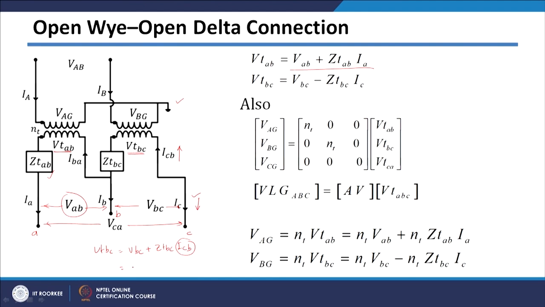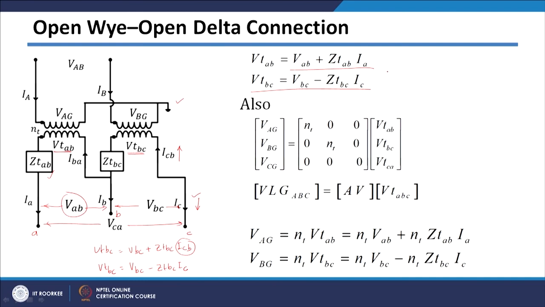So in that case VTBC will be equal to VBC minus ZTBC into IC. So basically you will get this equation here. Now, we can put these two equations into matrix form.